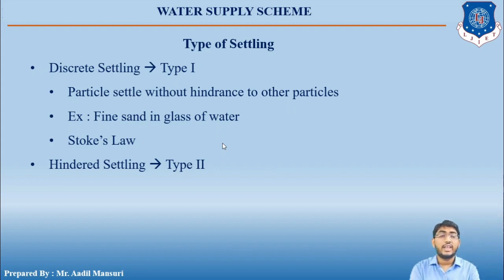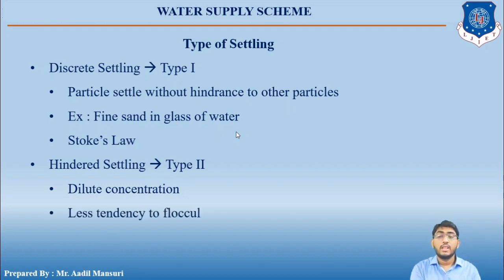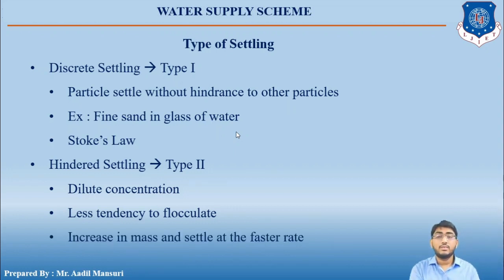This means there are fewer particles in suspension and they will hinder other particles while settling, thus increasing their mass. So in hindered settling, the particles are in dilute concentration and have less tendency to flocculate. But when they settle, they increase in mass and settle at a faster rate.